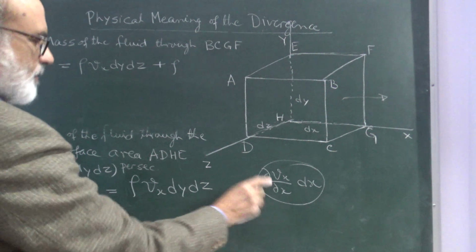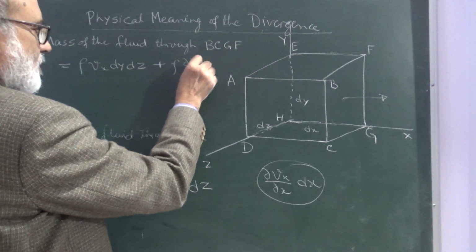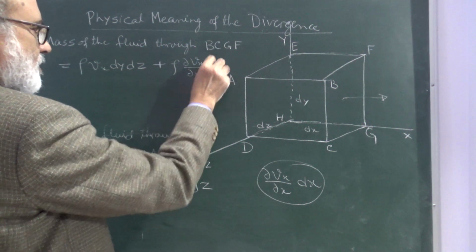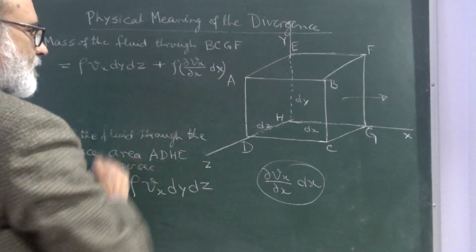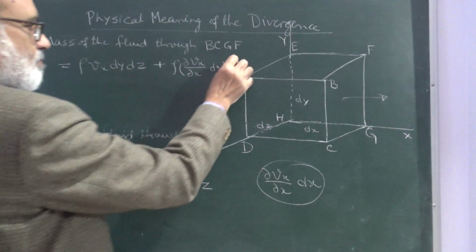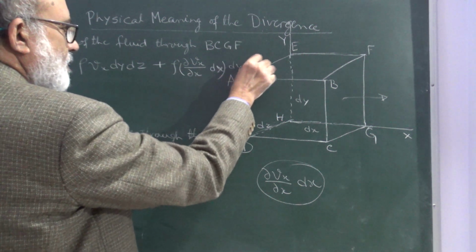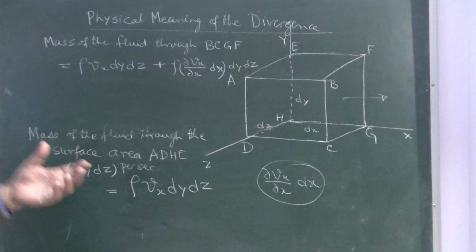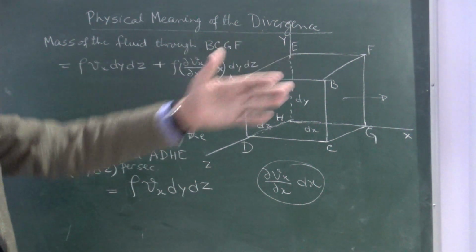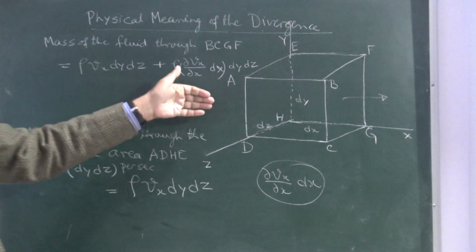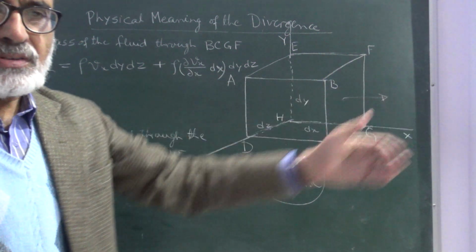So this will be dvx by dx into dx, and this area again dy. So this is the amount which is entering, and this is the amount which is coming out of the surface. This is entering along the x-axis, and this is coming out along the x-axis.